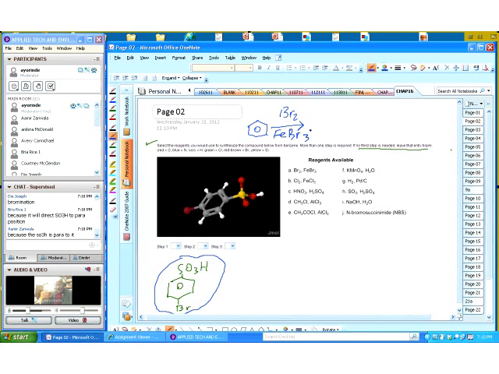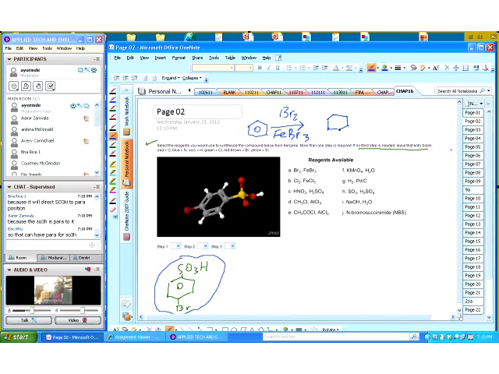Okay, you said bromination because the sulfonic acid group has to be a meta director. So, therefore, if you want the para product, you have to do bromination. Keep in mind that the bromine is an ortho para director.